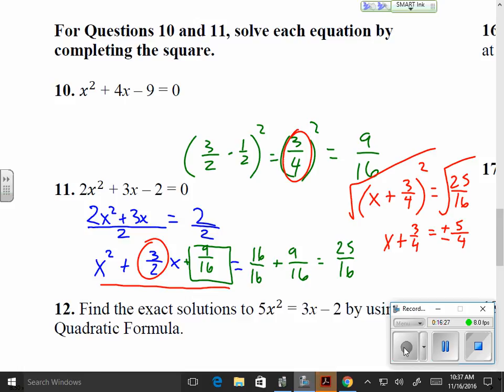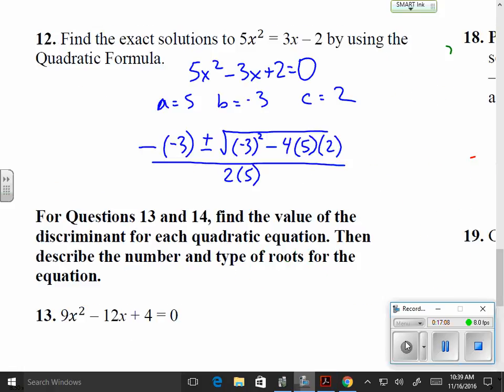So subtract 3/4 from both sides. x would be equal to -3/4 ± 5/4. So our two answers will be -3/4 + 5/4, which would be 2/4 or 1/2. And then -3/4 - 5/4, which would be -8/4, which would be -2. So those are my two solutions.